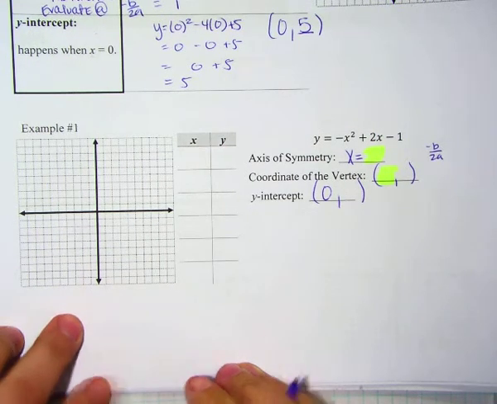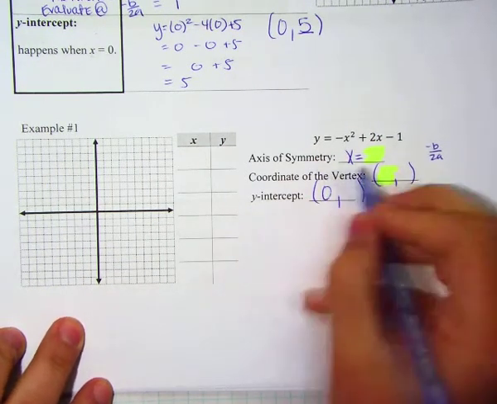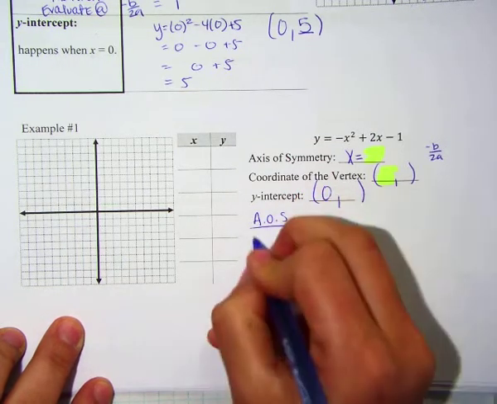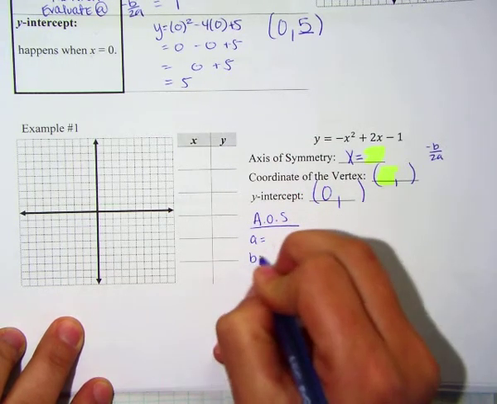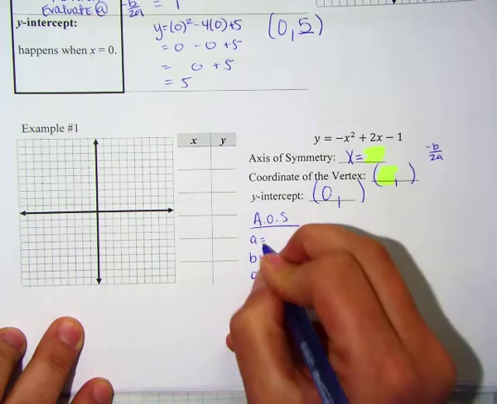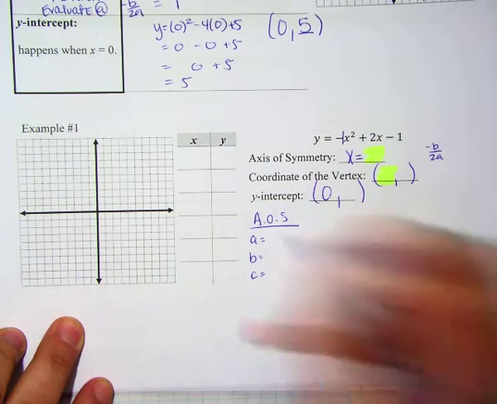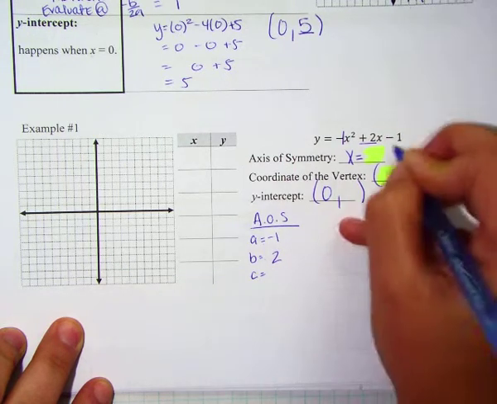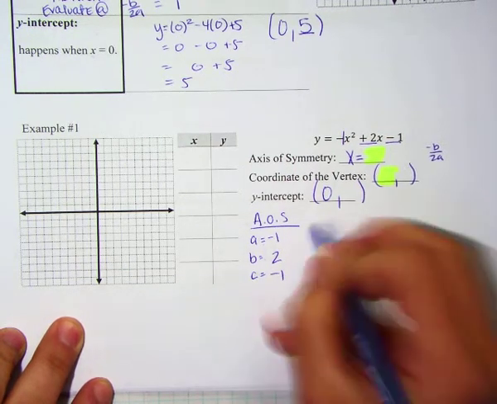So let's do this together. We're going to solve for the axis of symmetry. So we need A, B, and C. A is negative 1, B is 2, C is negative 1.